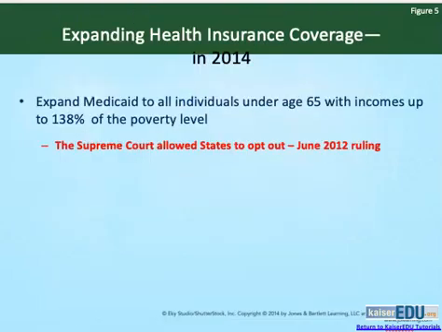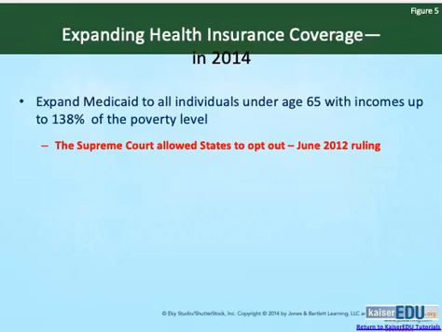Let's talk about the Medicaid expansion. So much more significant coverage expansions have occurred in 2014. So in 2014, the law expanded the Medicaid program to cover nearly all individuals with income up to 138% of the federal poverty level, which I will be showing in a table later on.